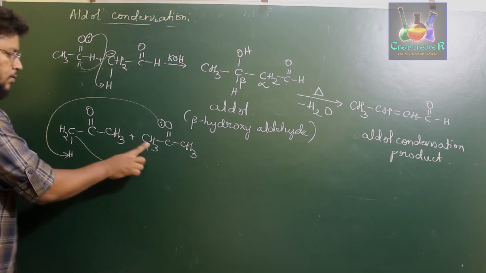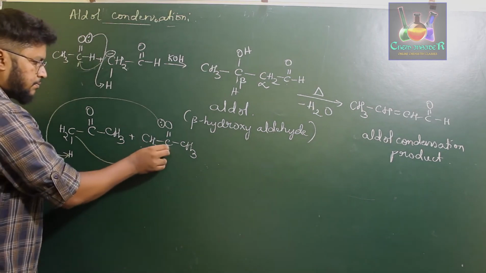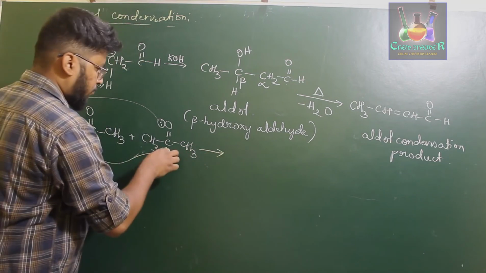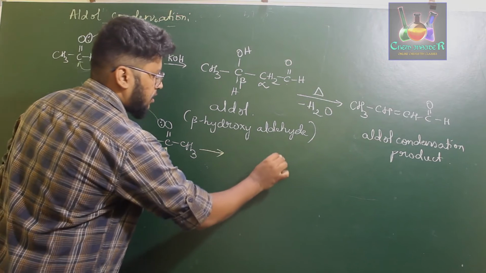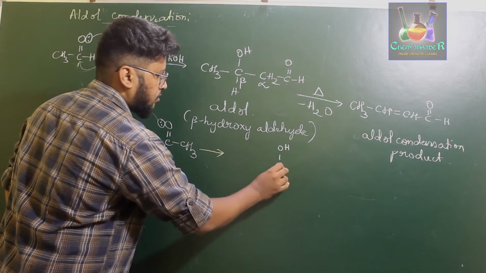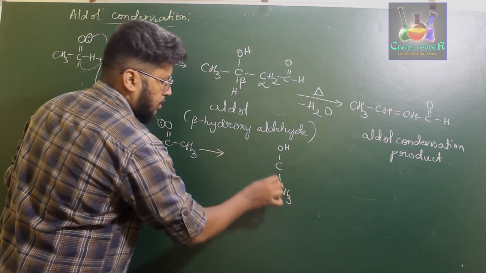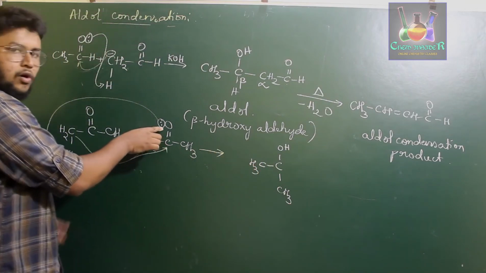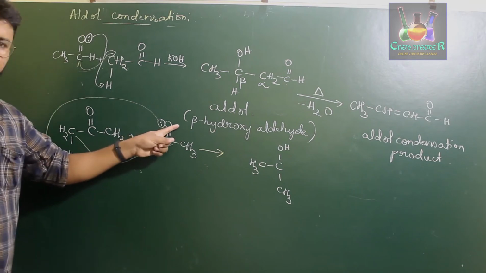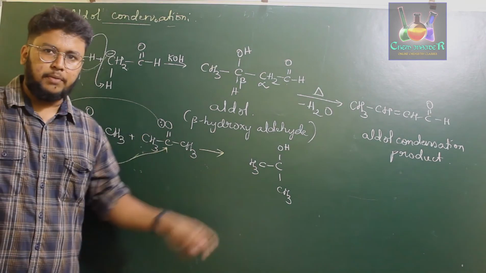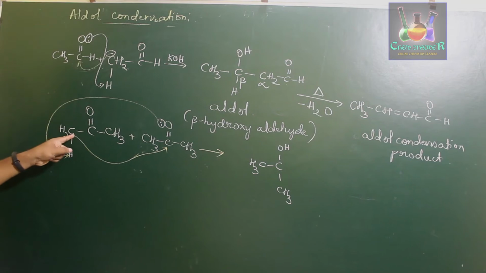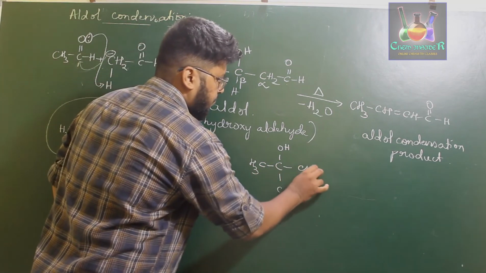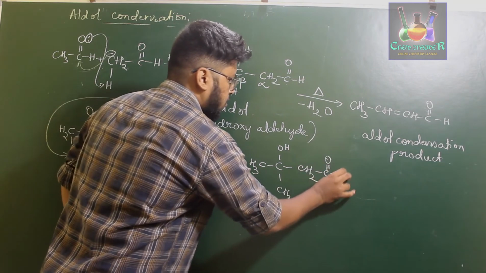So it leads to the formation of, first I'll write it down, C, OH, CH3, CH3. Oxygen has gained a hydrogen, OH, CH3, CH3 which are already present over there. Next, this carbon is being attacked to this carbon, so CH2, C double bond O, CH3.